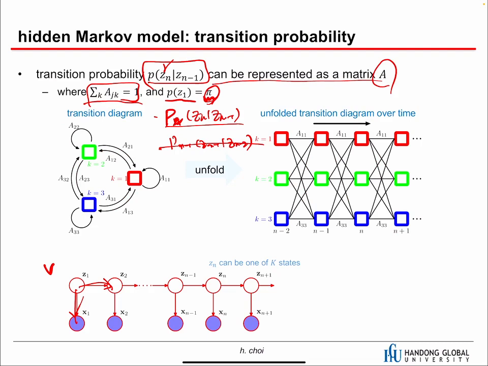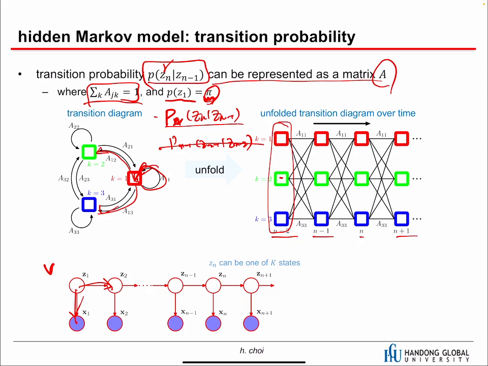And we can have a transition diagram like this when we have three states. Then from the state 1, we can move to the state 2 or state 3, or we can stay there. Or we can unfold this graph so that we have n-2, n-1, and n+1. Every time step, we have three possible states, and we choose one.